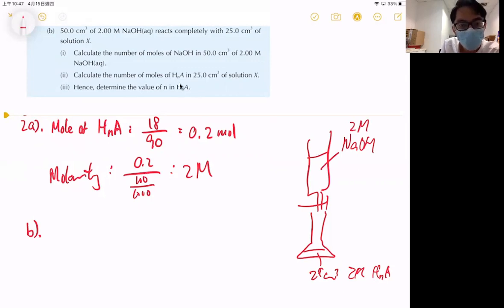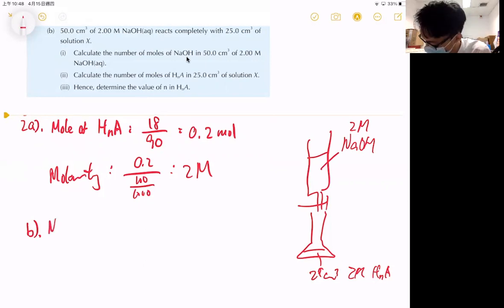So first of all, the final question is asking you to determine the n inside the chemical formula HnA. That is the basicity. So how to calculate? First of all, calculate the number of moles of sodium hydroxide used to react.